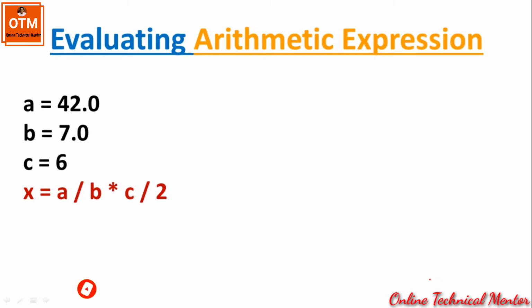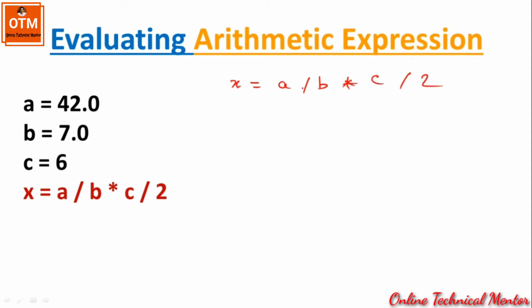Now you are told to evaluate this expression: x equal to a divided by b multiply c divided by 2. Since multiplication and division both have the same precedence, whichever comes first will be executed first. Let me write down the same expression as x equal to a divided by b multiply c divided by 2.